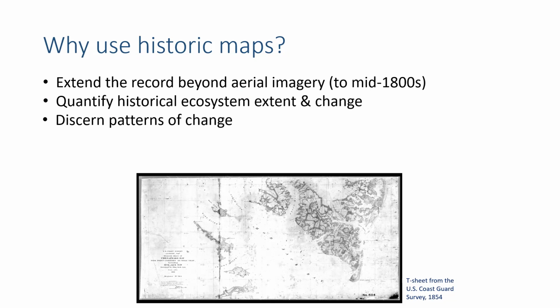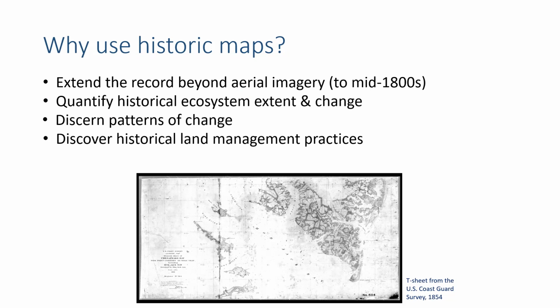If we look at these maps through time, we can see areas where forests might have disappeared and been replaced by marsh. We can calculate rates of change. We can look at hotspots of change. The maps have also been used to discover historical land management practices that were previously unknown and didn't have any other record other than what was delineated in these maps.